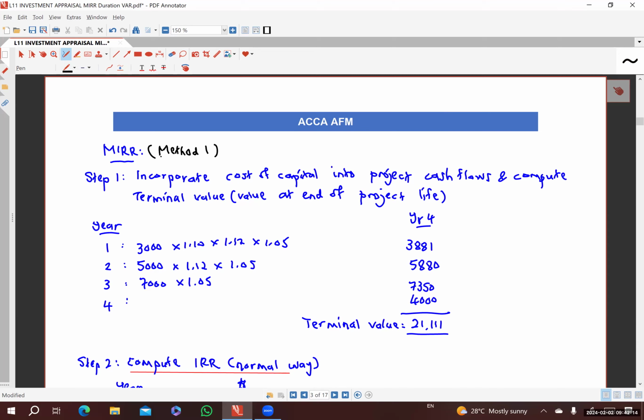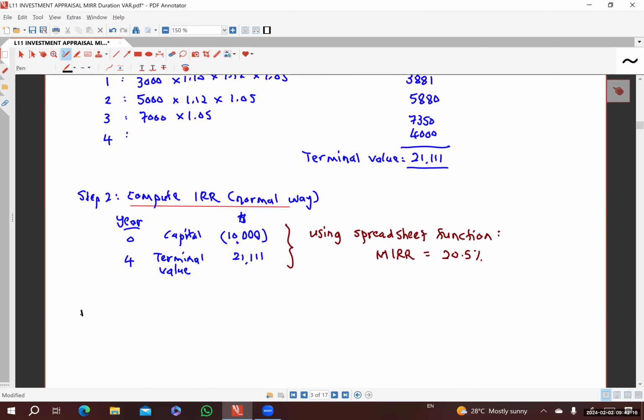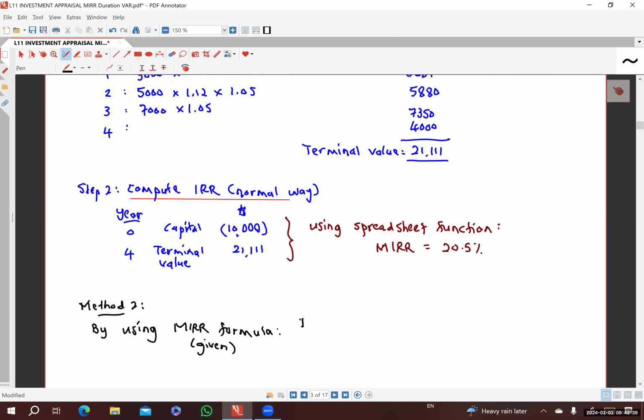Third one. There's actually another approach to find MIRR, by using the MIRR formula. This is the one given. This formula is given in the formula sheets, and they actually want you to apply this formula.